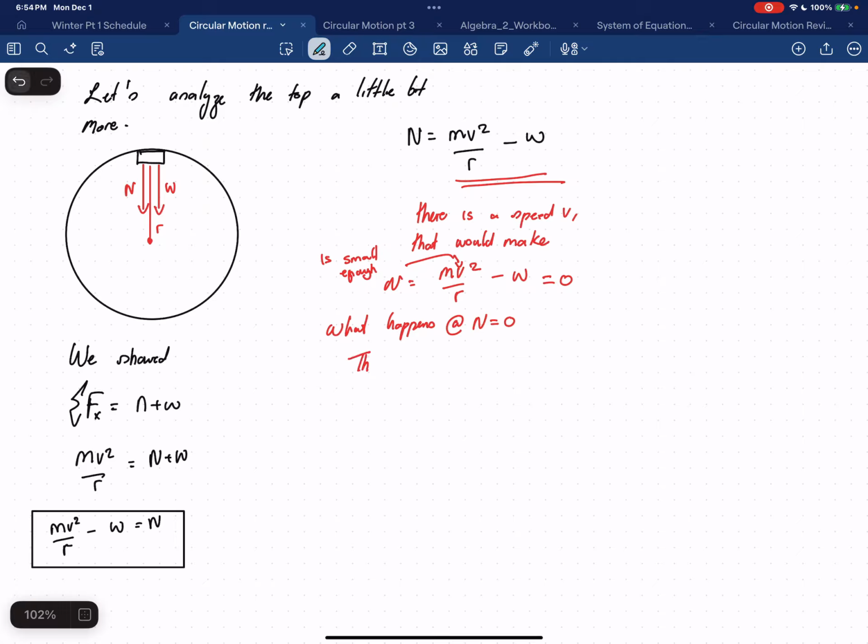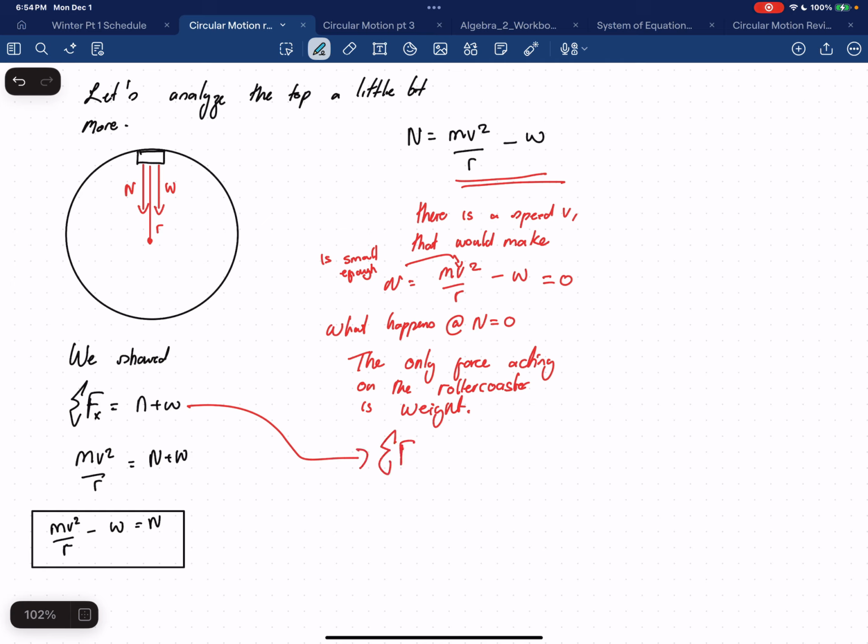The only force acting on the roller coaster is weight. And we see it here.